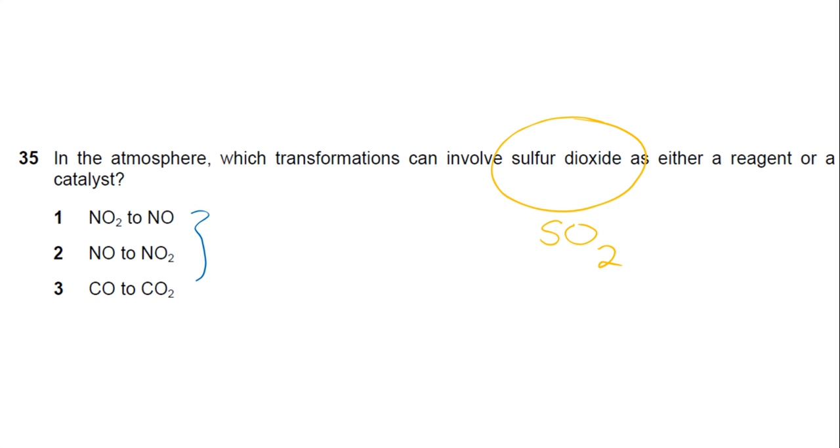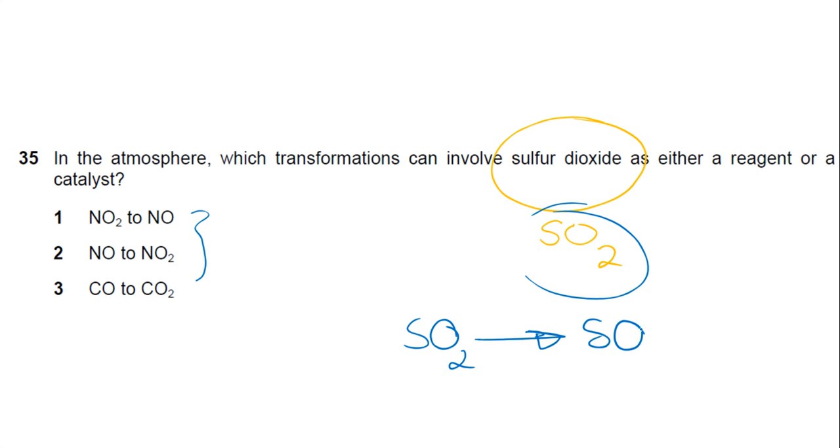So either oxygen is being lost or oxygen is being gained. Now here is a common sense question. You have sulfur dioxide, right? Sulfur dioxide loves to get oxidized into what? Into sulfur trioxide, right? So sulfur dioxide loves to get transformed into sulfur trioxide.